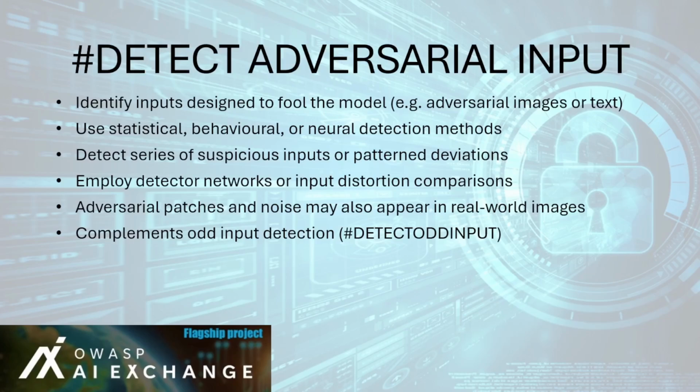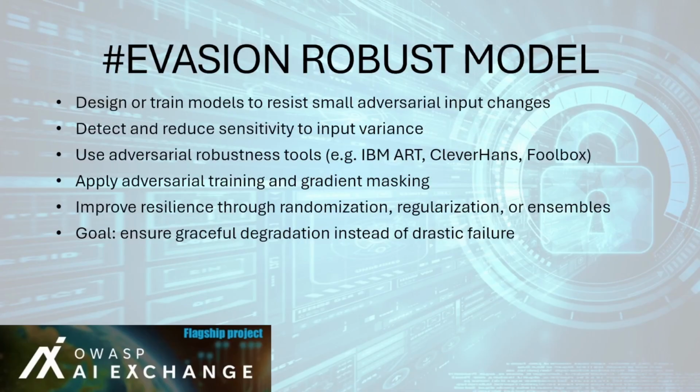As an example, an attacker adds a subtle patch to a street sign. The system's detection model flags this localized anomaly and triggers a safety response before misclassification occurs. Adversarial detection helps AI systems spot intelligent manipulation, a reminder that not all unusual data is random noise. In AI security, recognizing why something looks wrong is just as important as seeing that it is wrong.